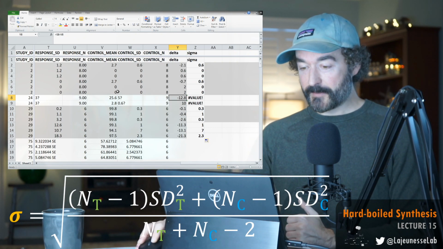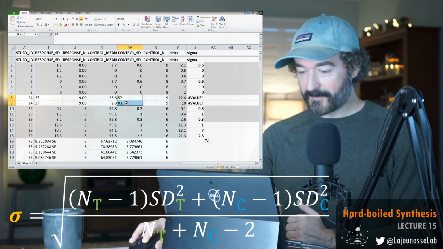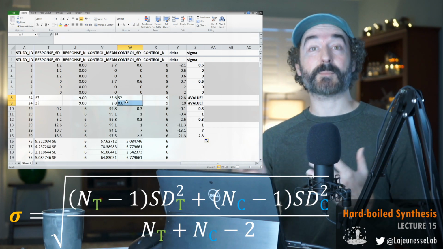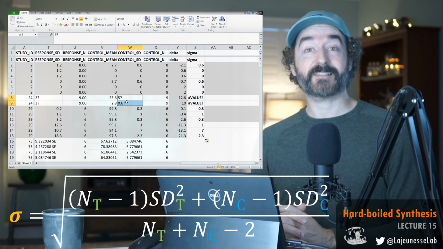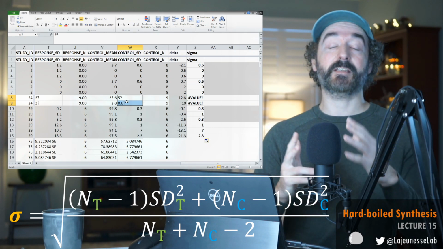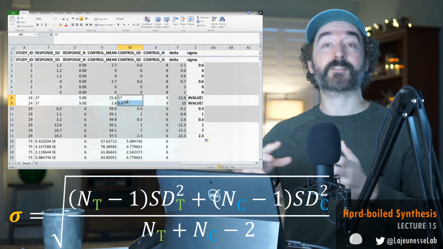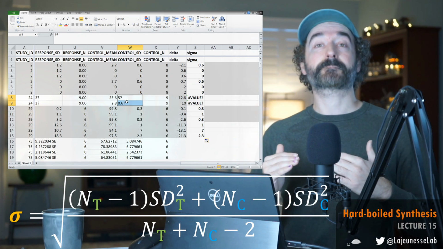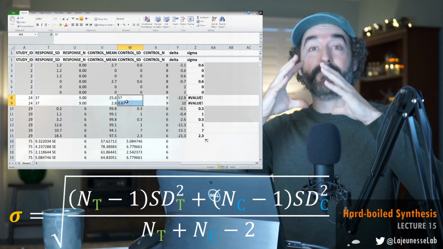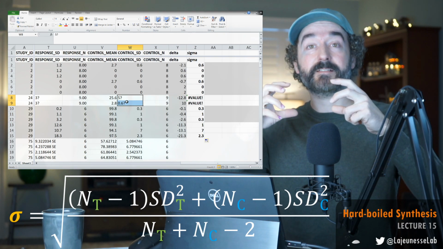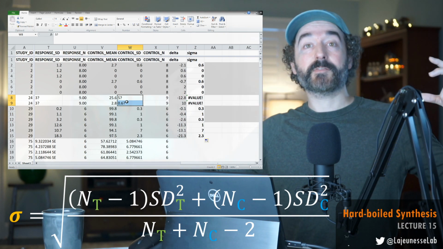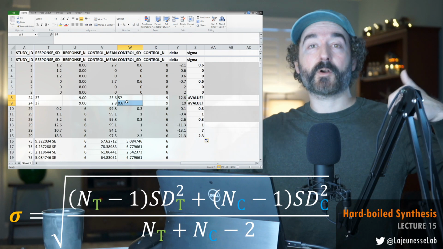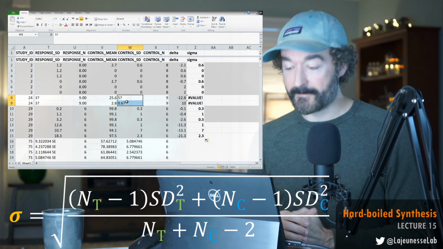And so I'm not going to assume that these are standard deviations. I'm going to assume that they're standard errors and that they need to be converted to standard deviations. What happens with that is the numerical value extracted becomes bigger, and therefore there's more variability associated with the effect.